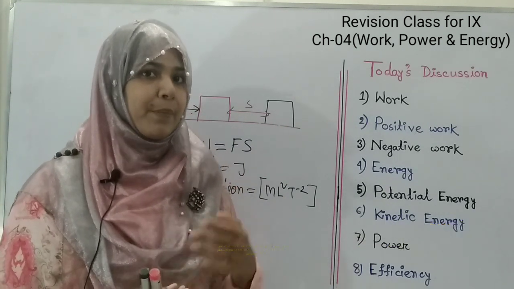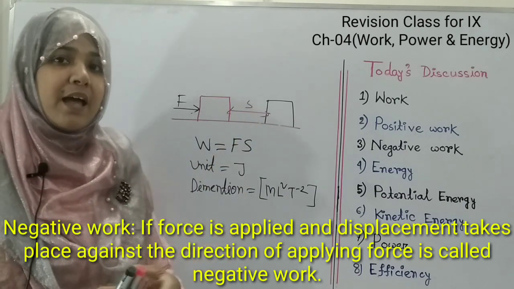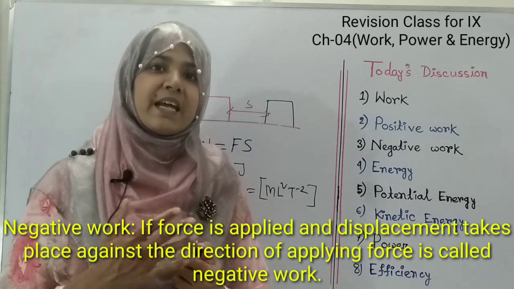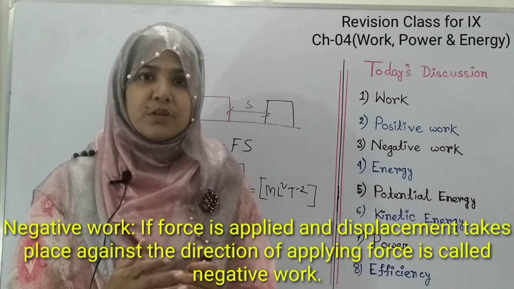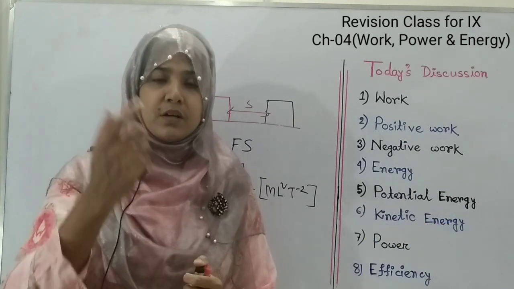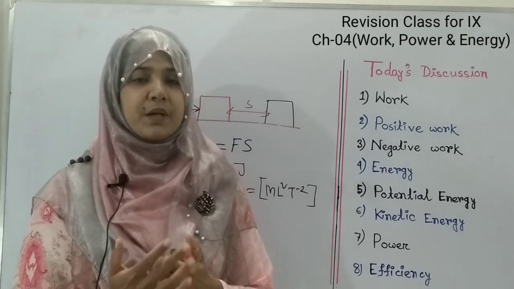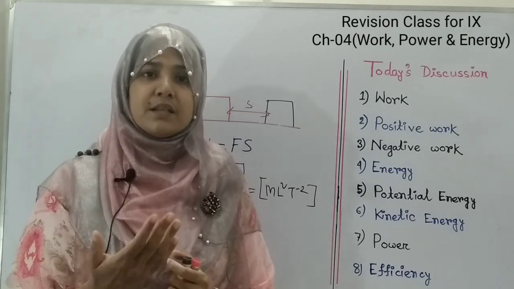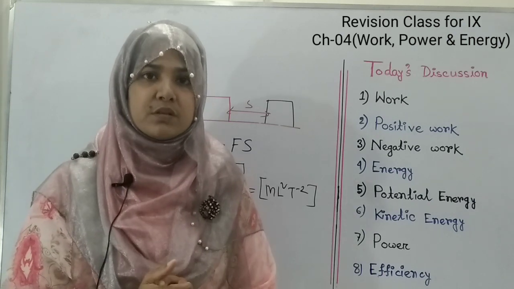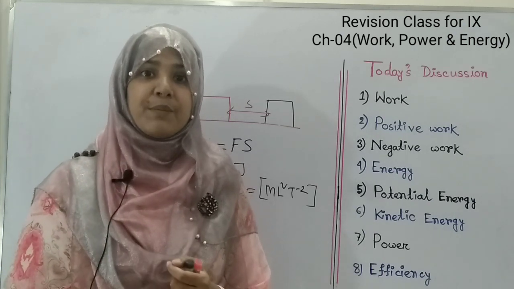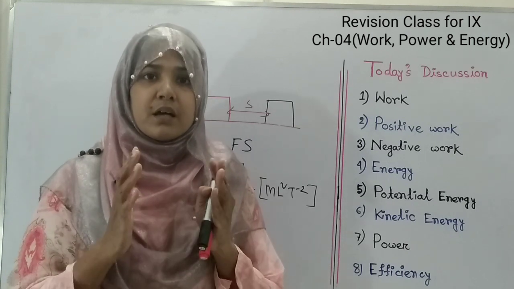But if we apply force and displacement happens against the direction of the applied force, then we can say that negative work is done. Suppose you throw something upward, here negative work is done because the work is done against the gravitational force. So this is negative work.